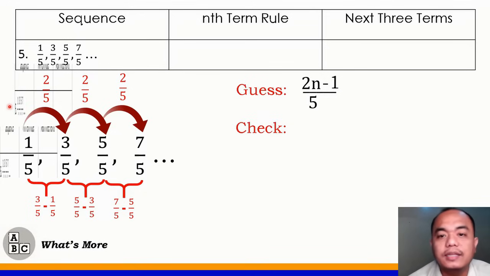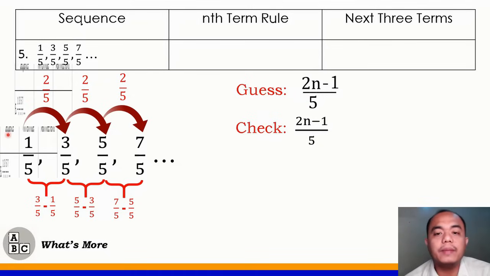Okay, so that's negative 1. So 1/5 here. So 2n minus, this is actually 2n over 5 minus 1/5. So, since we have similar fractions, we put 5 as the denominator. So we have here 2n minus 1 divided by 5.